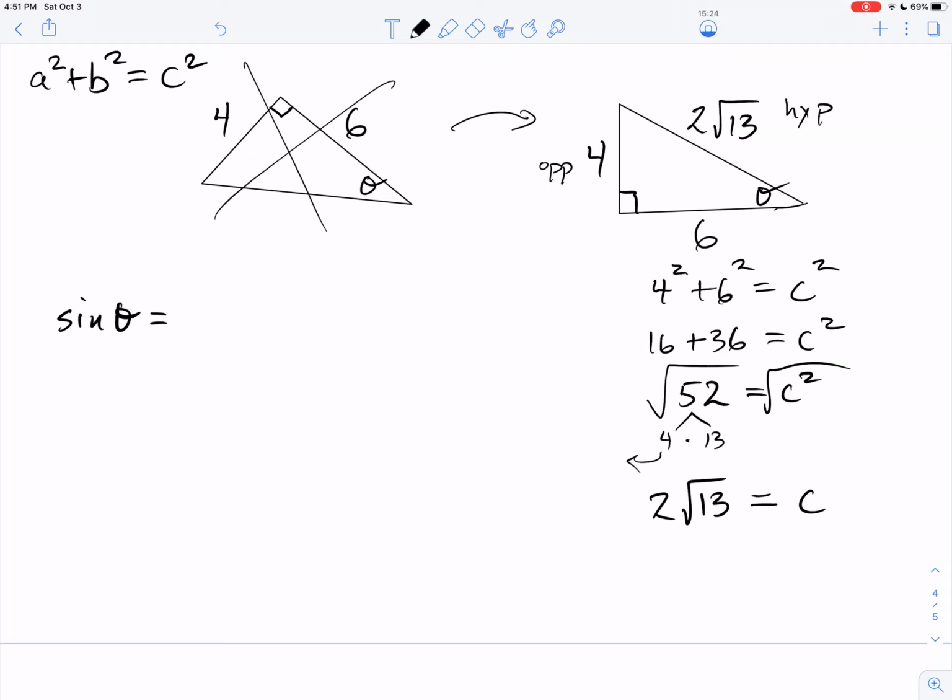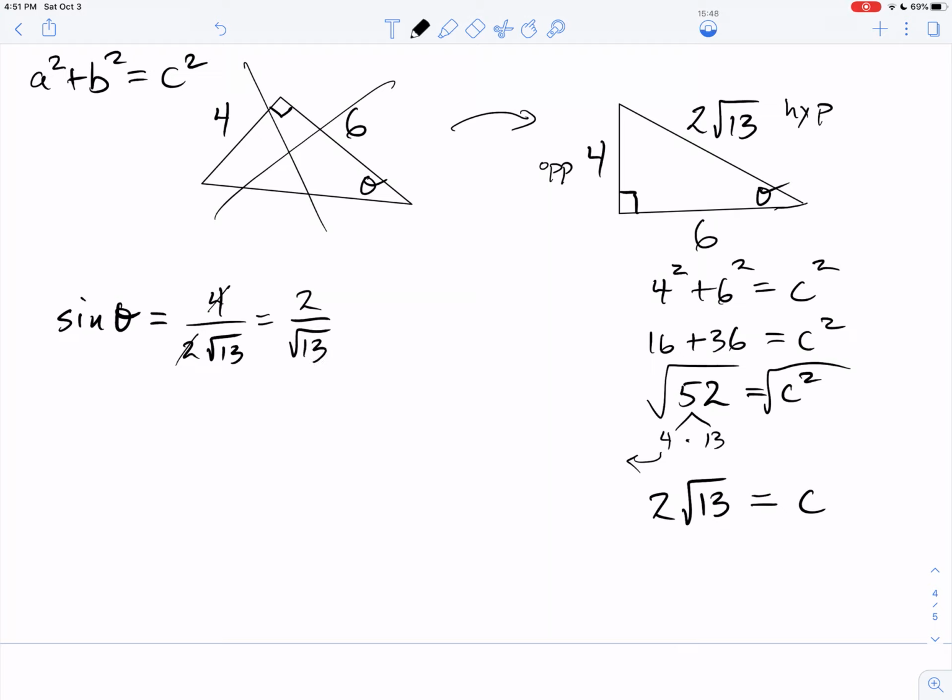And I would say that's 4 over 2 rad 13. Now hold on a second. These are both outside numbers, 4 and 2. I could reduce that. Outside numbers reduce outside numbers in radicals. It's totally true. It's not a lie. So I'd have 2 over rad 13.